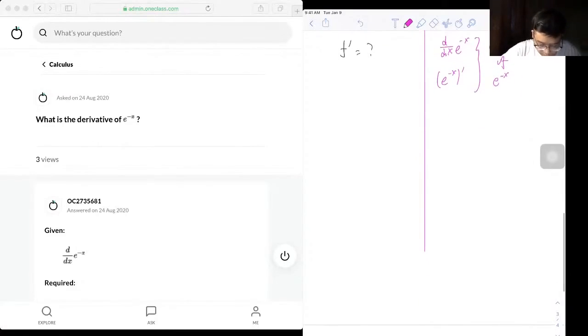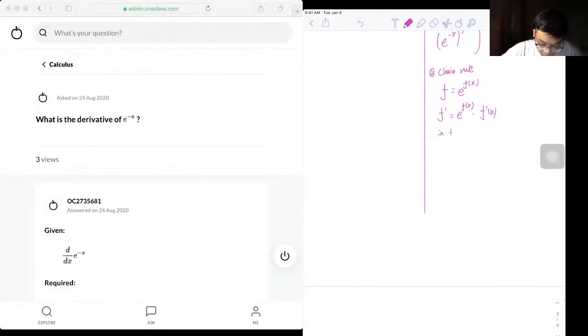And second thing I want to mention is there exists a chain rule in this question. So if we let f is equal to e to the power of f(x), the derivative of f will be equal to e to the power of f(x) times the derivative of f(x).